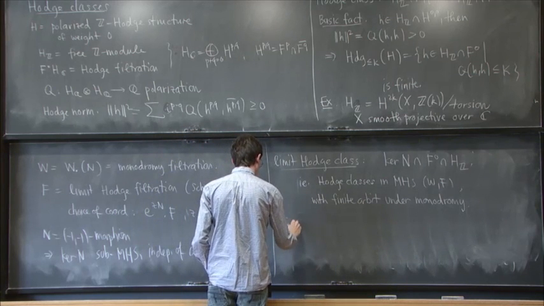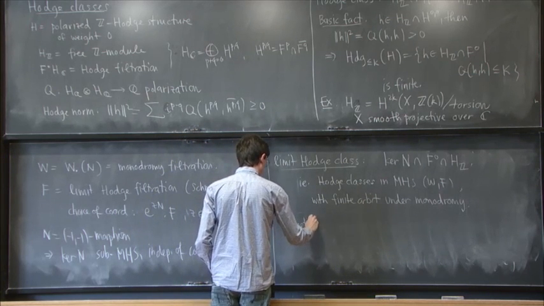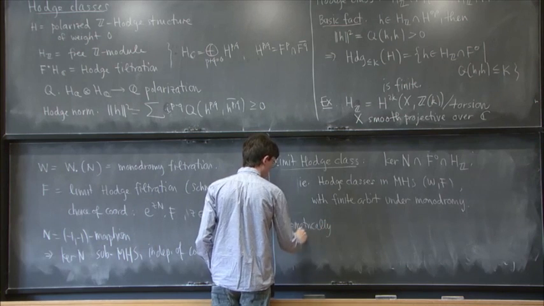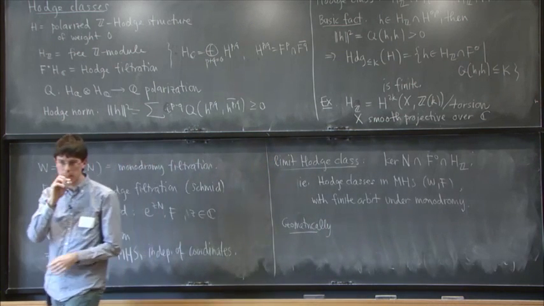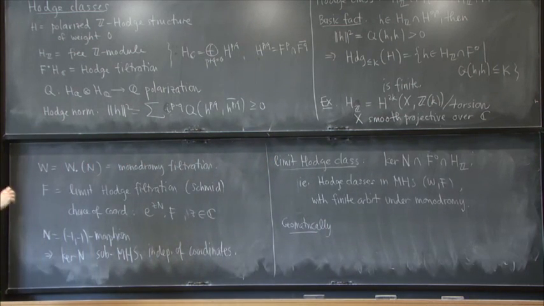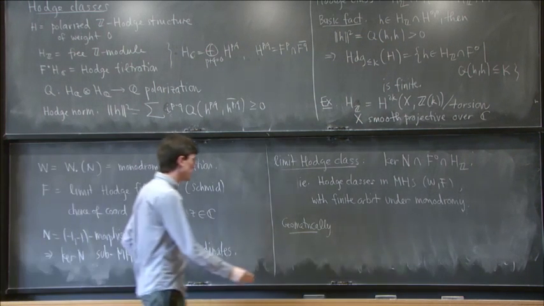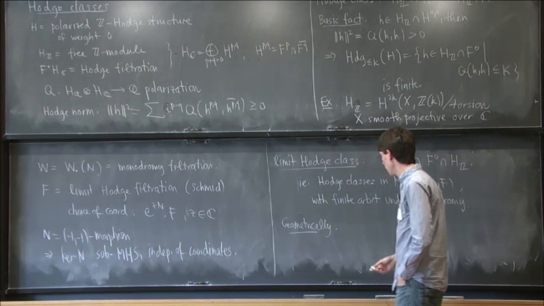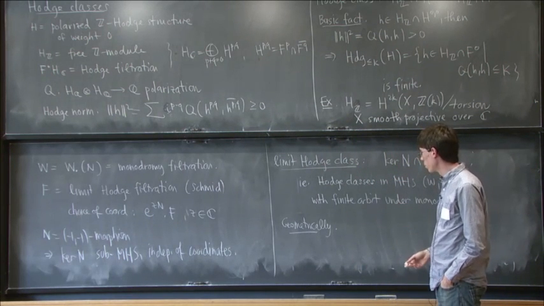Okay, and so again, let me point out why I'm looking at these particular classes. The reason is that in the case when your variation on the punctured disk comes from a family, and when you have a central fiber to be filled in, these are the classes that are geometrically meaningful in terms of the central fiber. So this is the content of this Clemens-Schmid sequence of the local monodromy theorem.